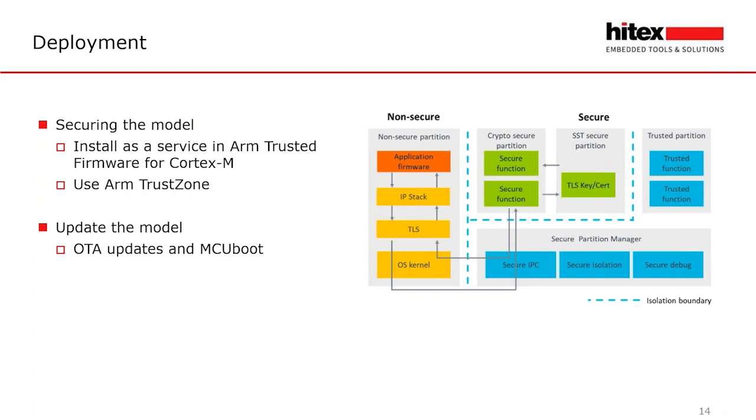So here we've got things like cryptography and storage services, but we can install our inference, our machine learning algorithm, as a service within the Platform Security Architecture, so that it's protected within the TrustZone secure environment. So again, at the beginning of a project, you need to consider how you're going to deploy your device, how your algorithm, and also how you're going to protect it over time as well.